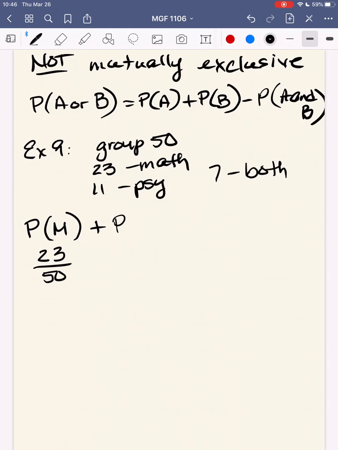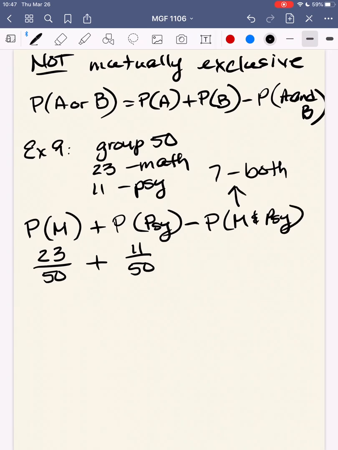The probability of a student taking psychology is 11 over 50, and those get added together. Then I'm subtracting the probability that they're taking math and psychology, and that's my 7. So subtract 7 over 50, and I end up with 27 over 50.